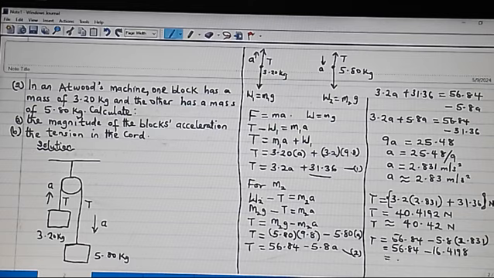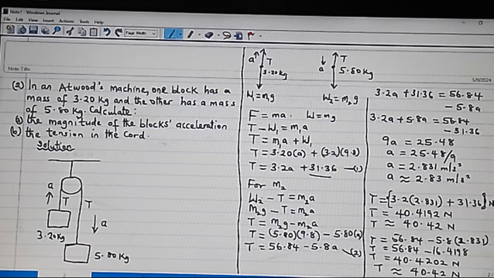This leaves us with 40.4202. So tension is approximately equal to 40.42 Newton. So either equation will give you the same answer.